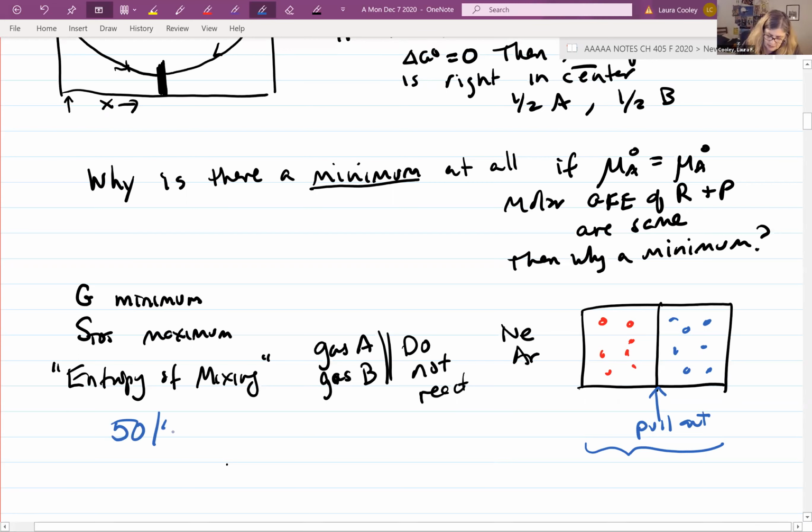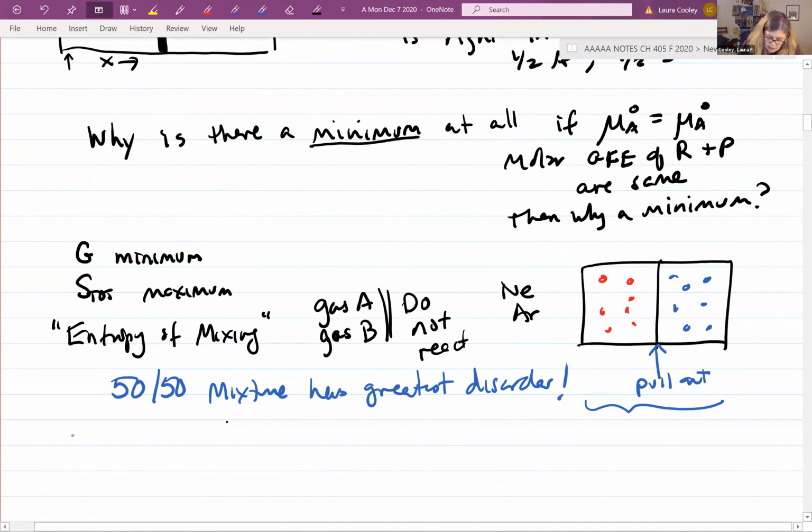So the 50-50 mixture has the greatest disorder, and the minimum is due to that.